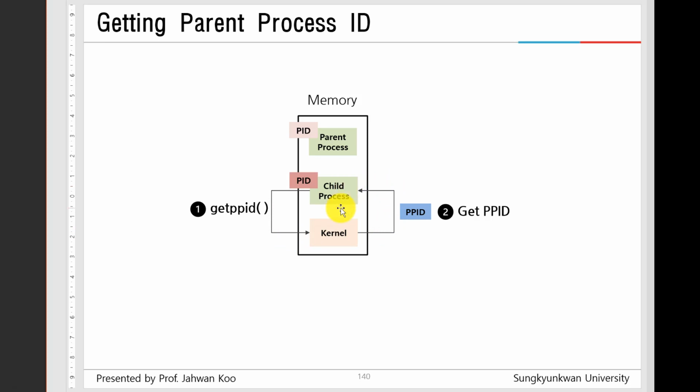Therefore, we have to make a program containing the getppid system call and then run the program. The program becomes a child process. At this point, the child process is running and calling the getppid system call to get its own parent process ID.